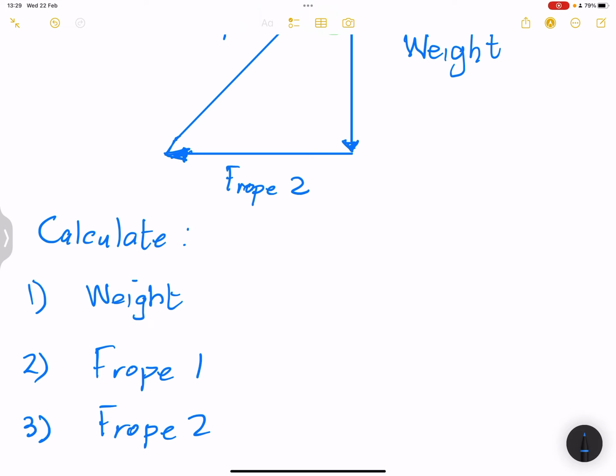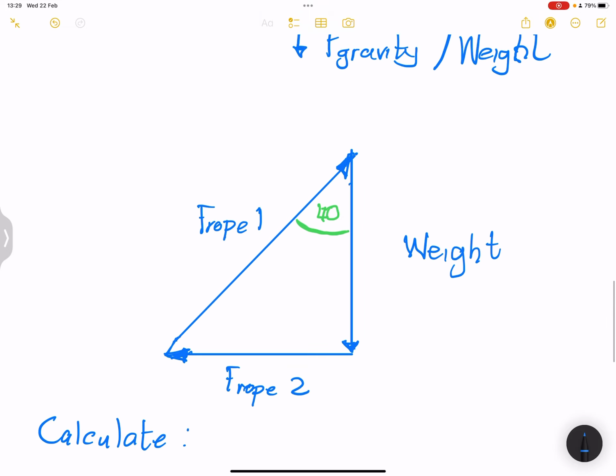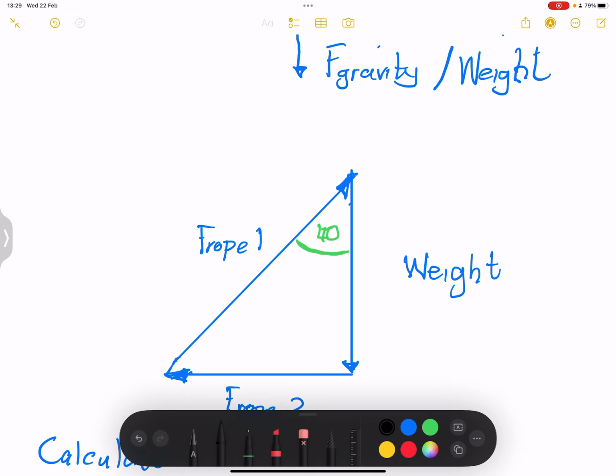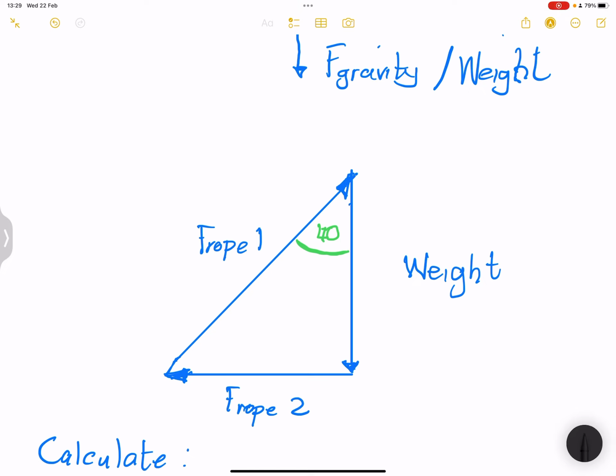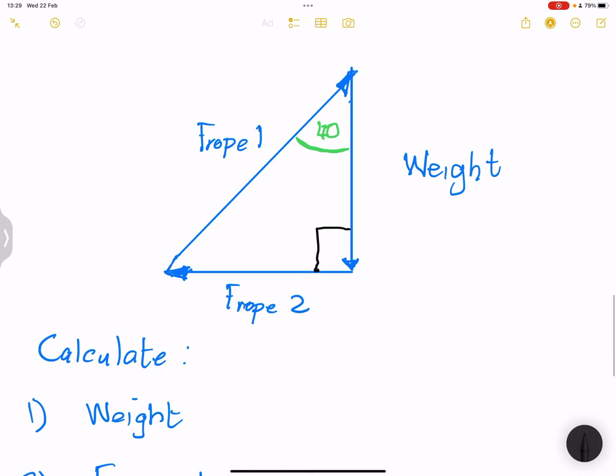So let's do that quickly. We know in this case that the weight and rope 1 create a 90-degree angle there, so we know that we're going to have to use trig ratios. Why? I have one angle there, and that means that we can apply our trig ratios.